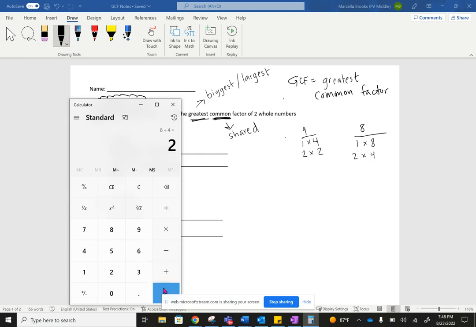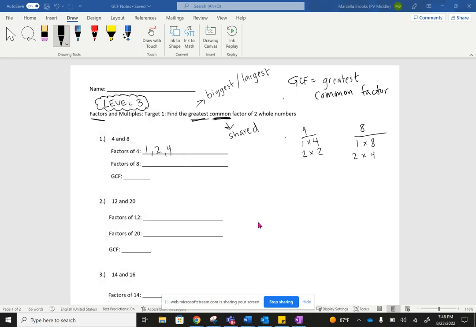We already have 2 times 4 on there. 8 divided by 5, nope. So those are all the ways that I can multiply to make 8. Again, I'm going to write 1, 2, 4, and 8. Those are all my factors.